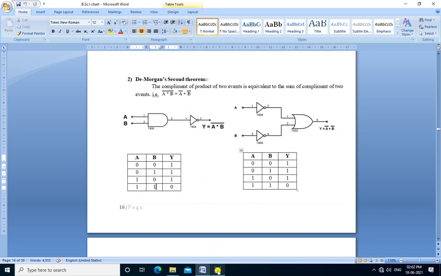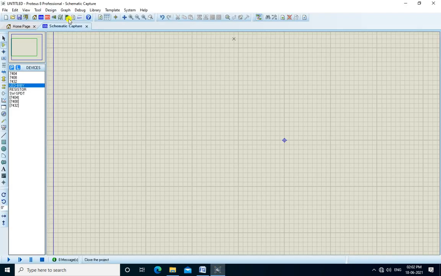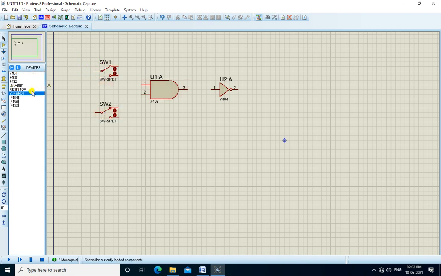Okay, so we need first an AND gate, then a NOT gate. We need two switches, A and B, a resistor, and LED at the output.